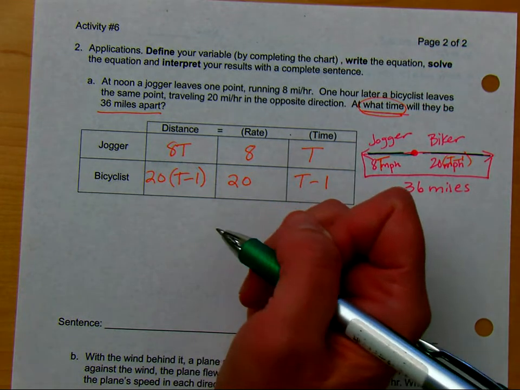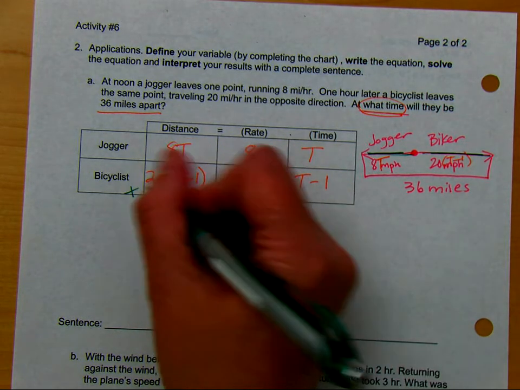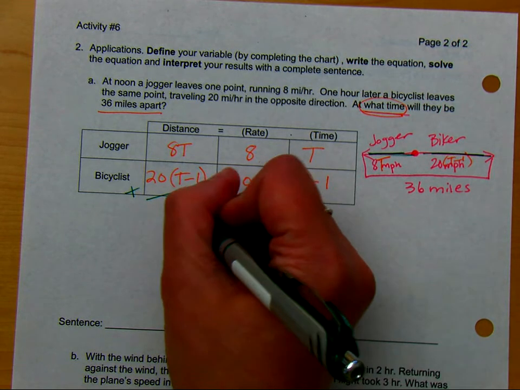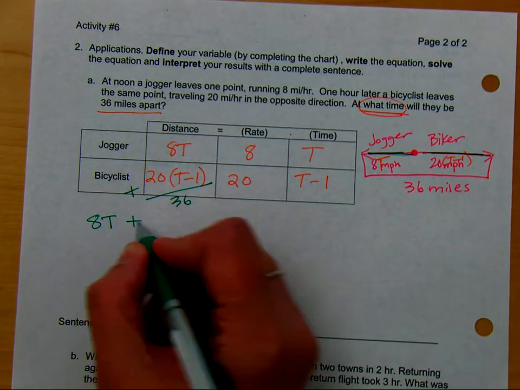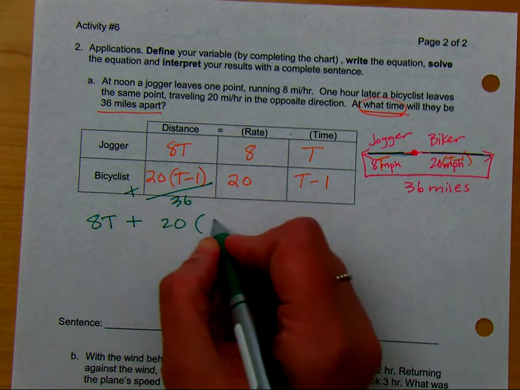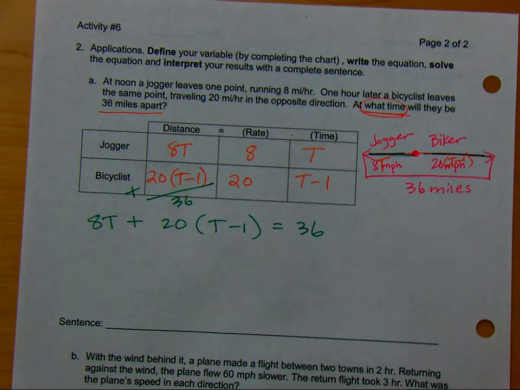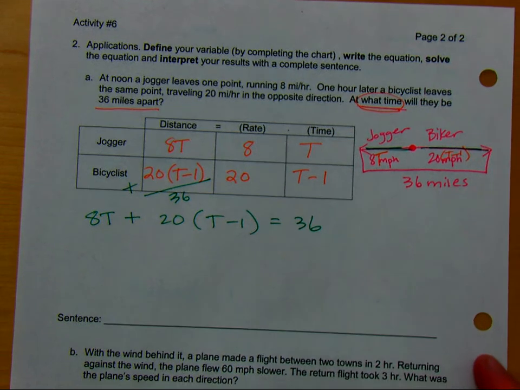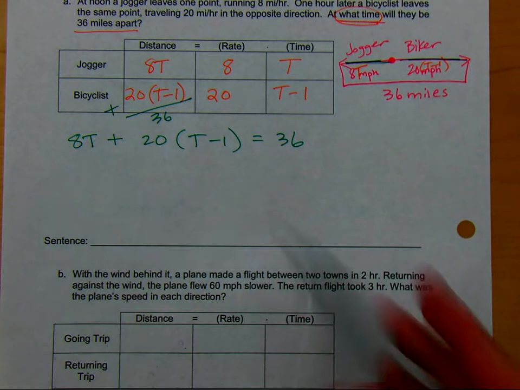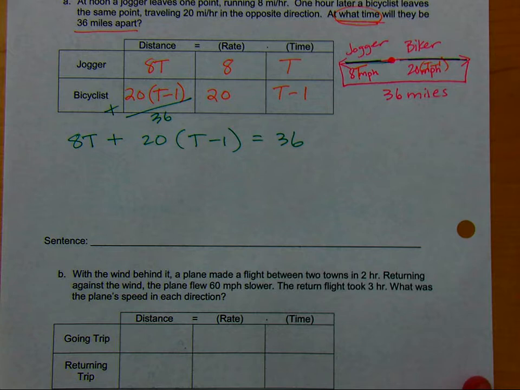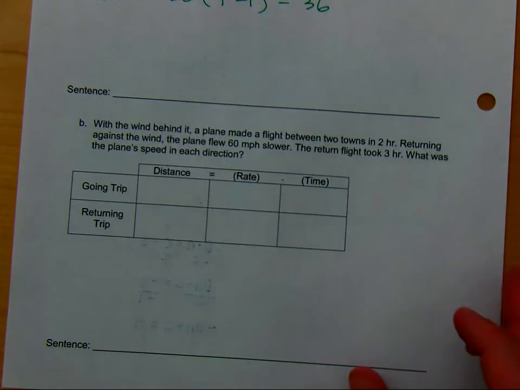And what operation means combine? Add them together, right, for a total distance of 36. So your equation could be 8t plus 20 times t minus 1 equals 36. From there, I think you guys could probably very solidly solve it. So maybe what we should do is just move on to setting up the next one, yeah?